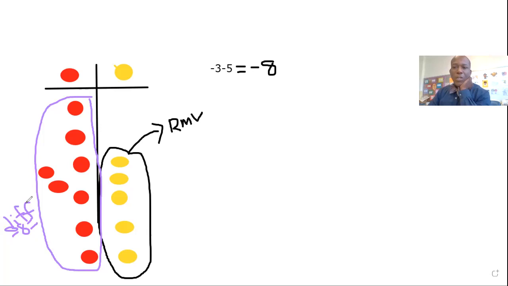And many of the teachers from those years had students convert the subtraction statement to an addition statement.